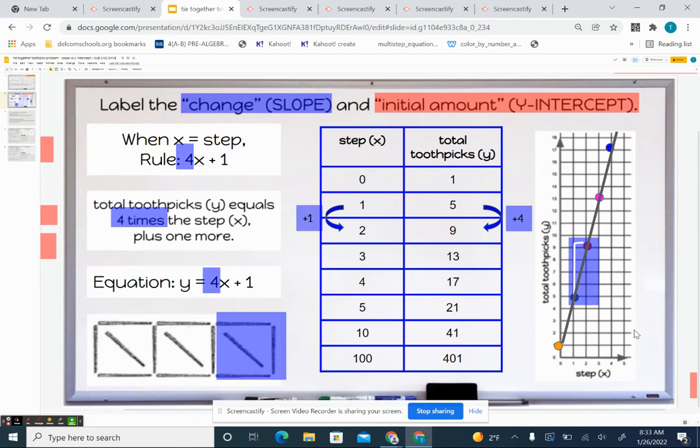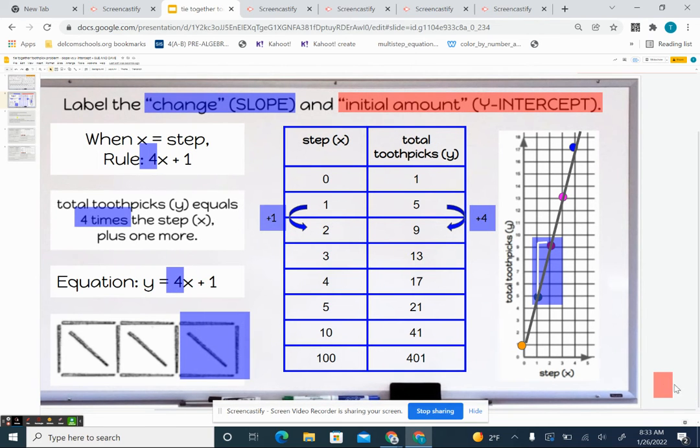Okay, so this is brand new to you. When you look at the graph, the initial amount of toothpicks, and when I say initial, I mean at step 0. At the 0 step, if I want to know how many toothpicks there are, looking at the graph, notice right here, it says step 0, and there's 1 toothpick.